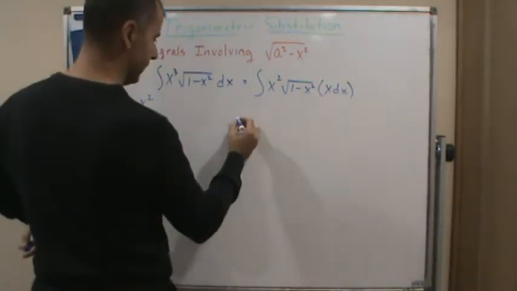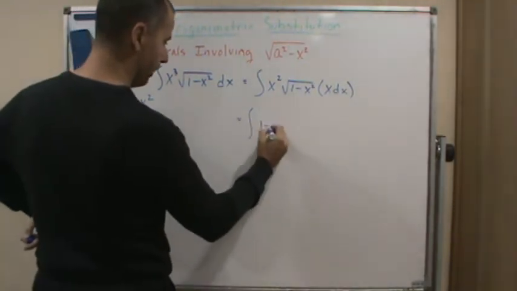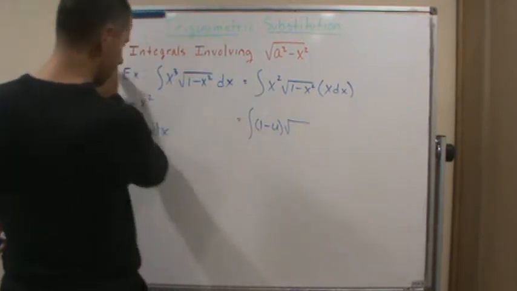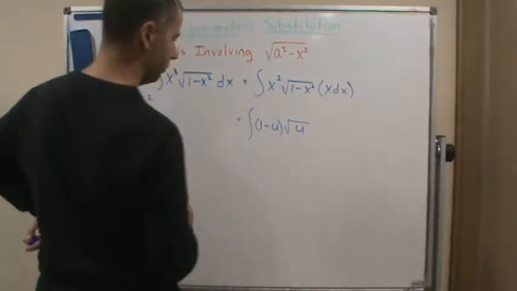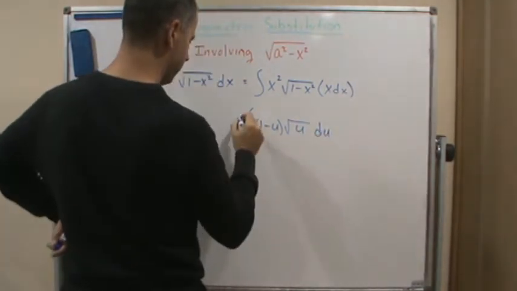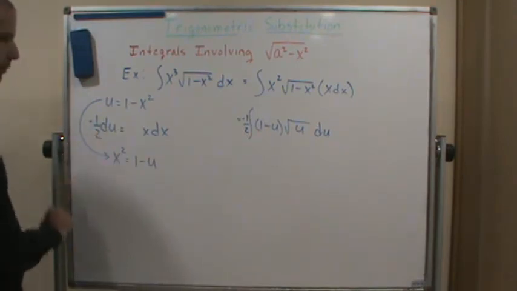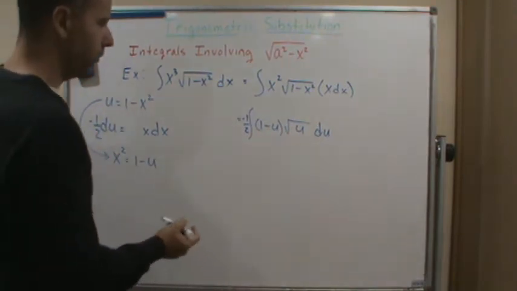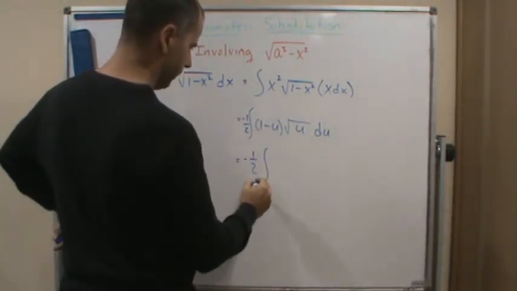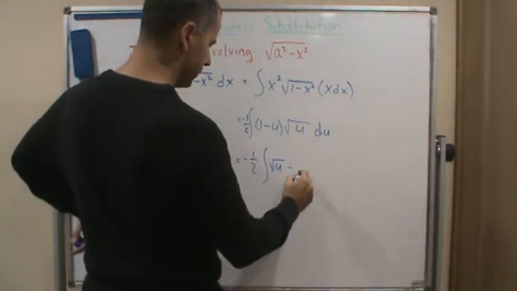So now I can write this as what? 1 minus u times the square root of u du with a negative 1/2 out here, right? So the negative 1/2 du. And so now I can just distribute this, and I get the square root of u minus what?